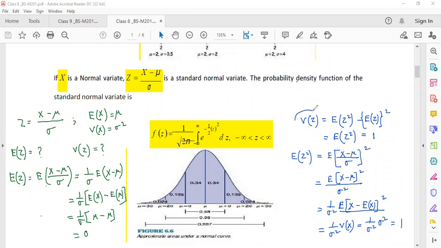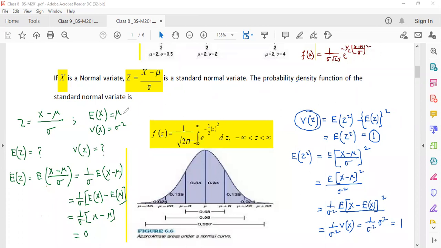So we have got that V(z), the variance of z, equals 1 over here. And therefore, in the probability function, what was the probability function? The probability function was f(x) equals 1 by sigma root 2 pi e to the power minus half ((x minus mu) by sigma) whole square.